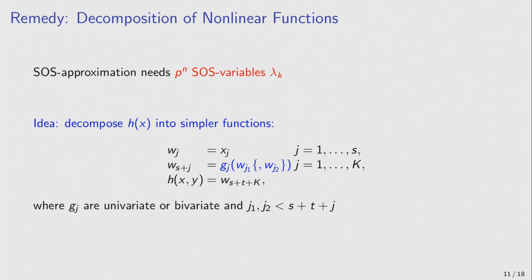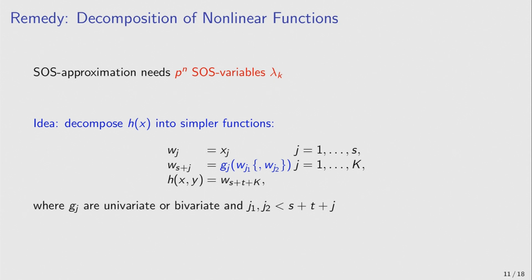The notation here means that at the jth level, I either have 1 or 2 variables that I've mixed together in some nonlinear way. It could be multiplying the 2 things, it could be exponentiation, then it's just a univariate, and the last one is just that.